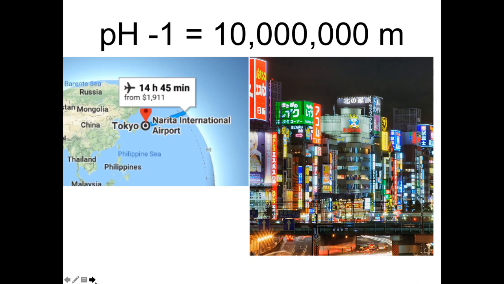And then a pH of -1, if we keep going west, will put you in Tokyo, Japan. From Omaha, that'd be about a 15-hour plane flight to get to Tokyo. So I hope this analogy was useful in determining how pH can move up or down very quickly when you compare this to meters.